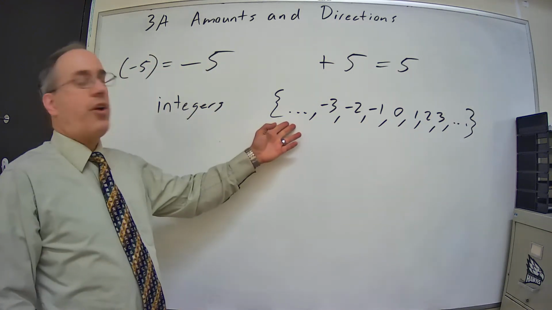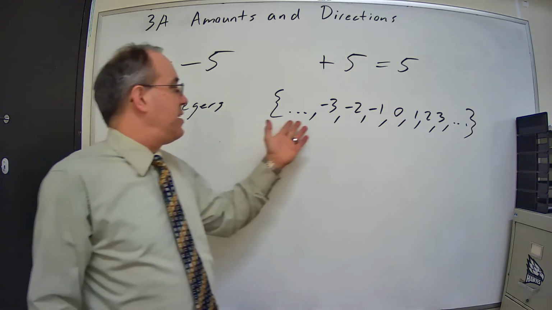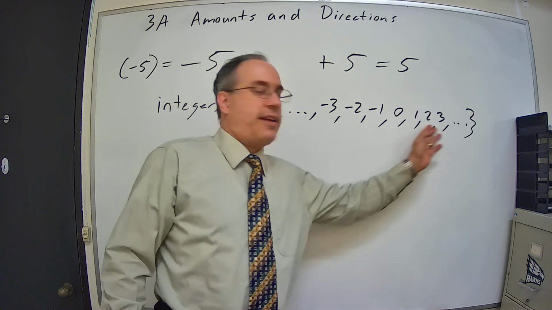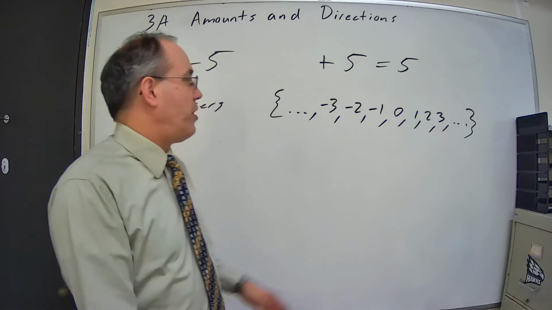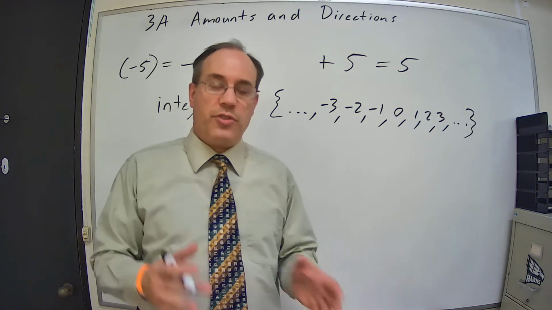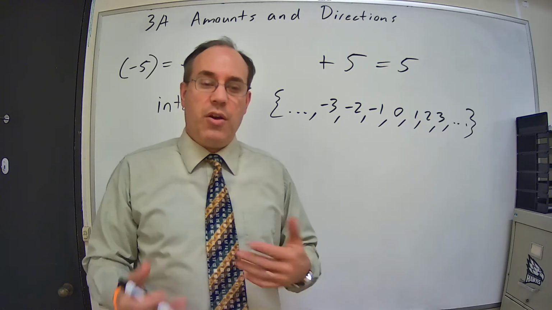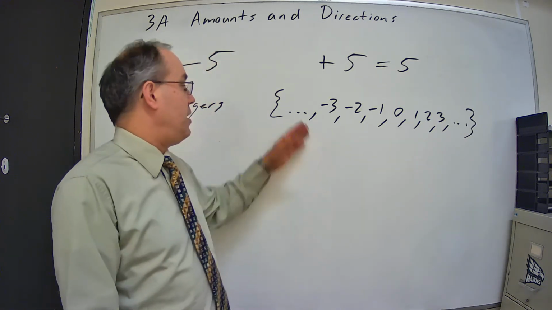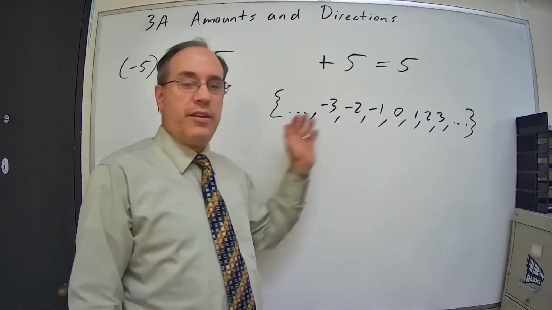So basically, starting at -infinity, going up through the negatives to 0, and then counting up again. So remember, whole numbers are your natural numbers being 1, 2, 3, 4, 5, right? Your counting numbers. Whole numbers adds in 0. So let's look at this a little bit. So these are our integers.